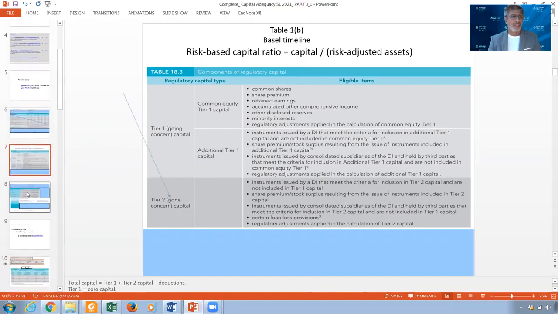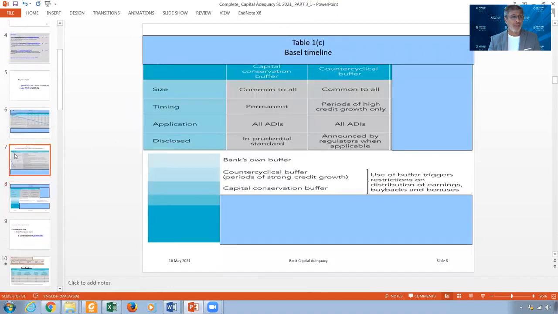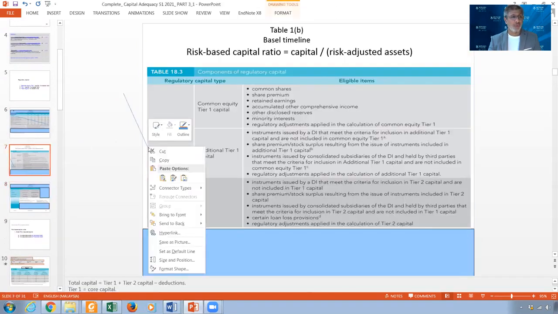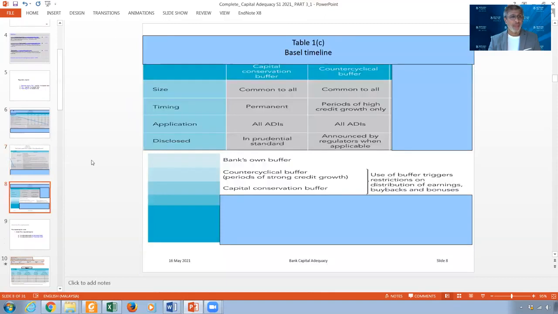Just for the sake of information again, if we want to know the buffers, we have two types of buffers. One already started in 2016, which is what we call the capital conservation buffer, which is 2.5%. And the size is common to all, and it is permanent and applies to all financial institutions.